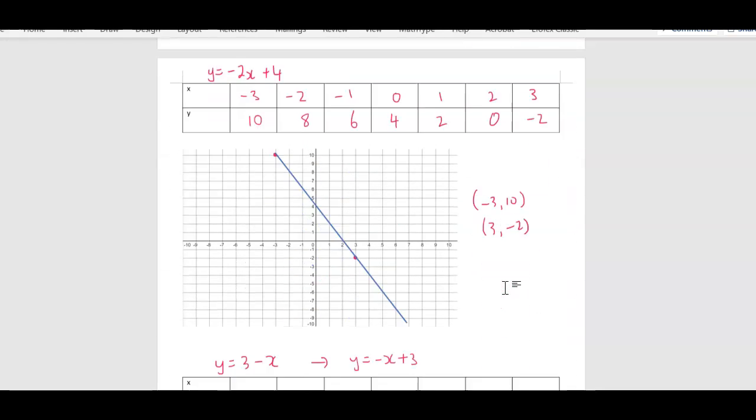10 minus 2x. All right, so again, you can rewrite it with the x first if you want to. Just make sure that coefficient stays with it. Let's do a table where you don't have to start at 0.